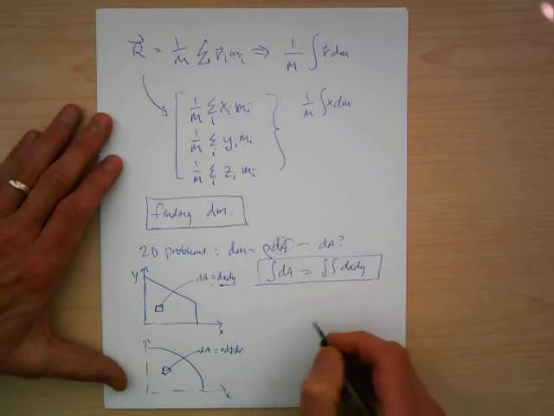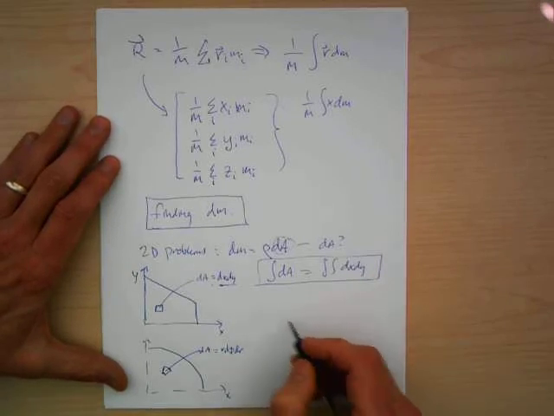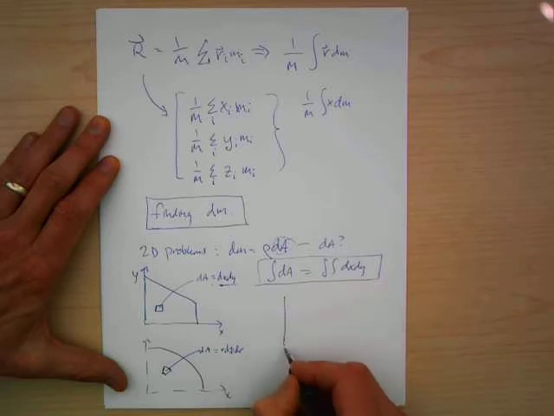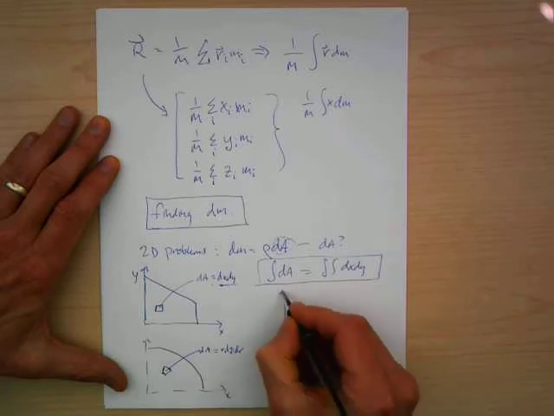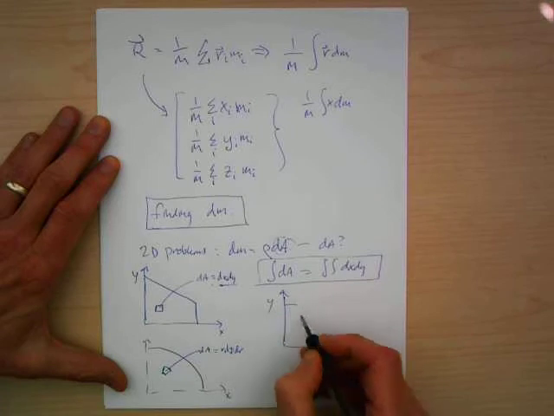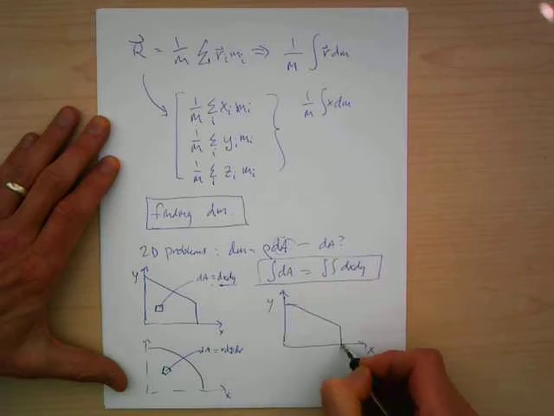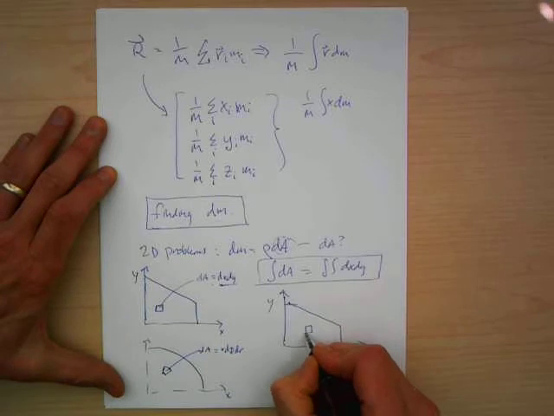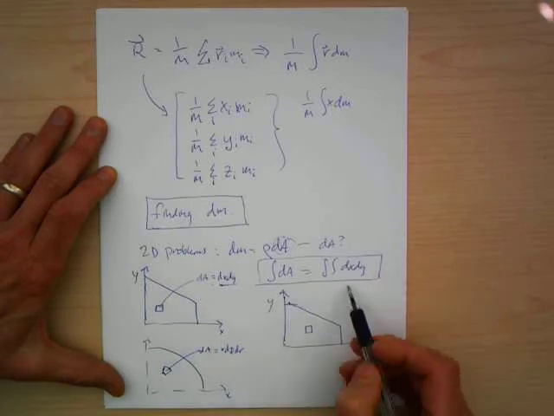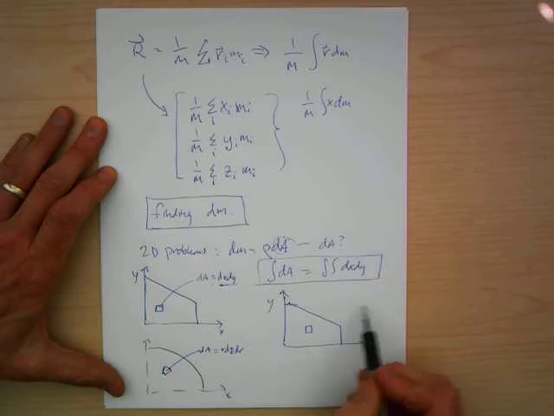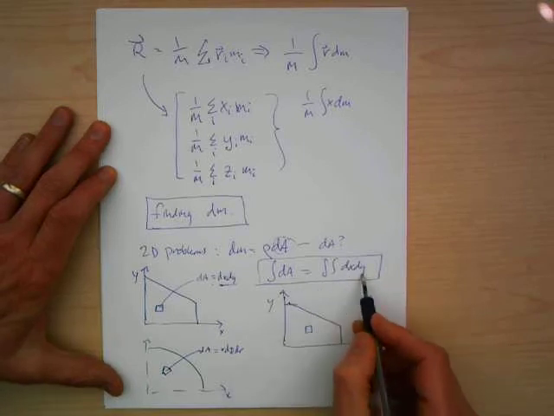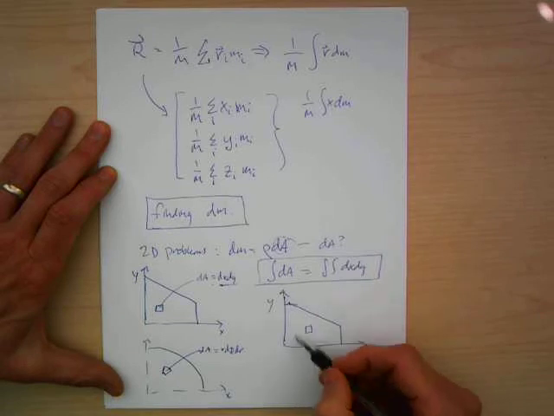Okay, so let's think about this in the context of this problem here. Let me just redraw this here. If that's what our shape is, we've got our little chunk of dA, and I'm saying that we're going to integrate that in both the x and the y directions. Well, let's think about what doing that integral in the y direction would be for this shape.